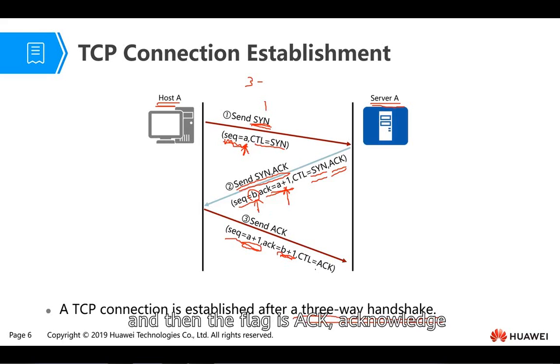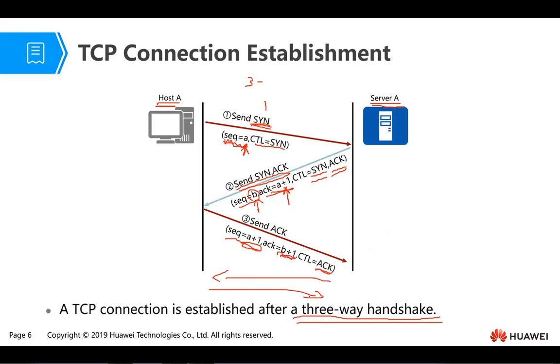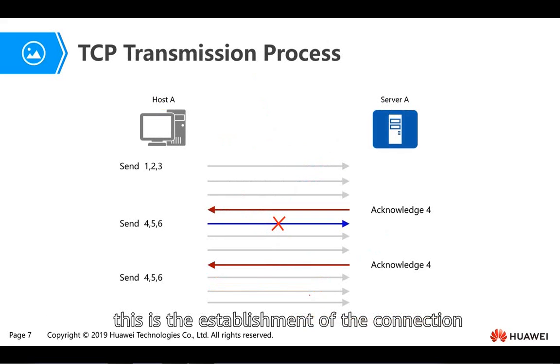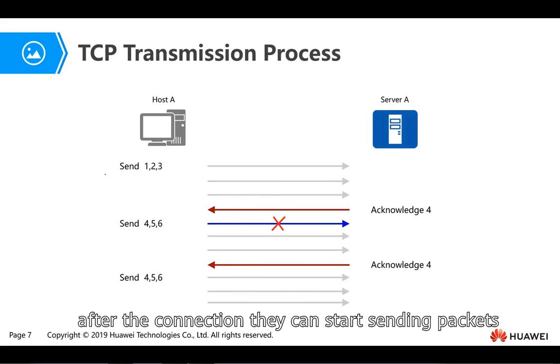And the flag is the ACK, acknowledgement. Of course, after that the connection is established and they can communicate, sending packets to each other. This is the establishment of the connection.